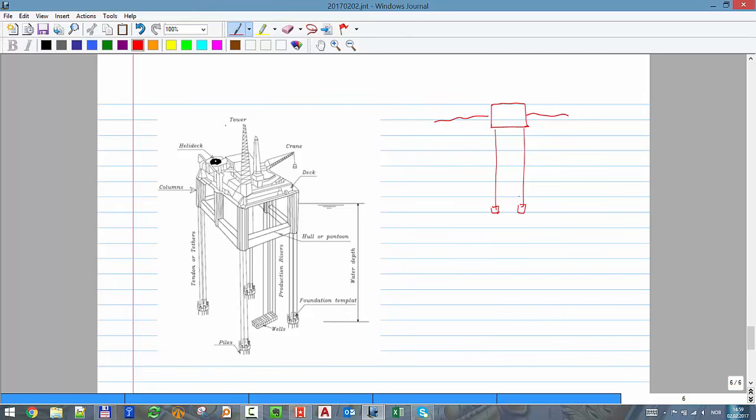It's a big issue to install this kind of structure, because finding the right amount of tension, how to tension the lines, and the relationship with the ballast is extremely challenging. It's a very complex marine operation.